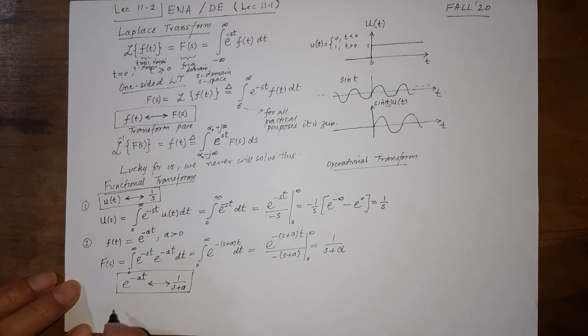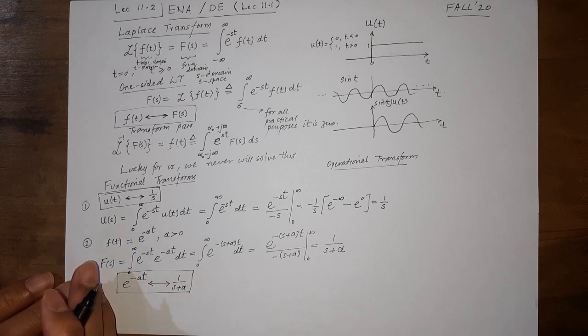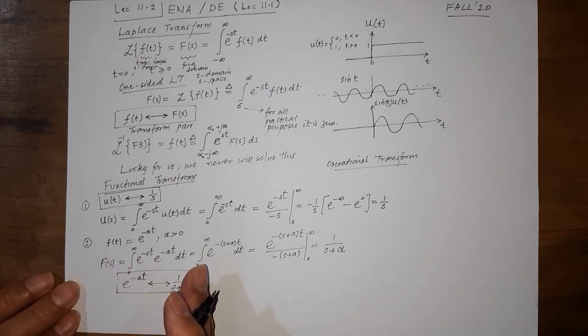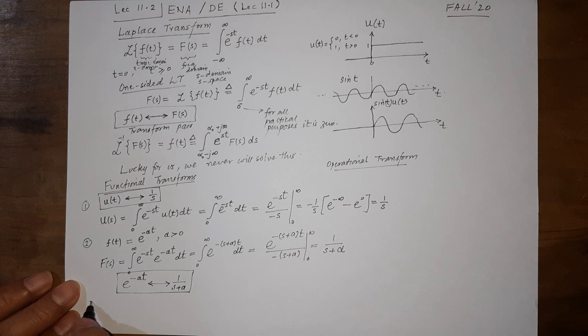This way we are going to have a table with a lot of entries, functions of time here, and the equivalent Laplace transform on this side, and a table will be given to you in the exam or in the quizzes whenever it is needed. So you don't need to cram that.